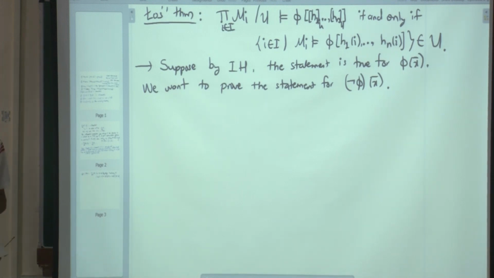Okay, so negation is the only part where we really use that it is an ultrafilter. So when will that happen? Okay, so what do we need to start with?